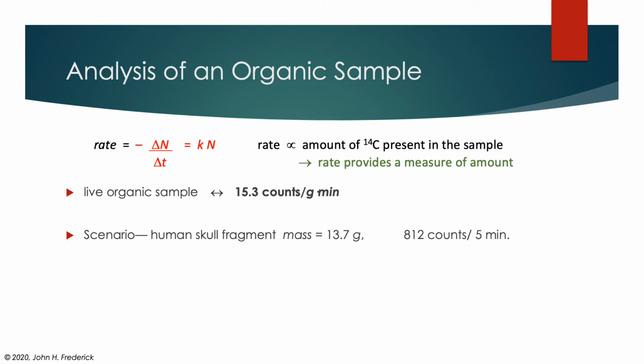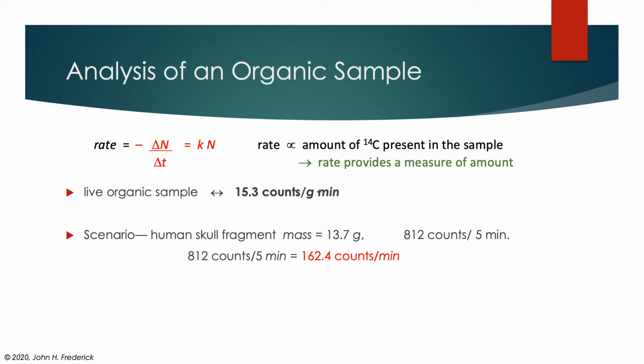Let's suppose we find a human skull fragment in an archaeological dig, and that skull fragment has a mass of 13.7 grams. Okay, so we have a very precise mass for that. And we then put a Geiger counter to it, and we count 812 decays of carbon-14 over a 5-minute period. Well, the first thing we would do is divide that by 5 to find out that we get 162.4 counts every minute from that particular skull fragment.